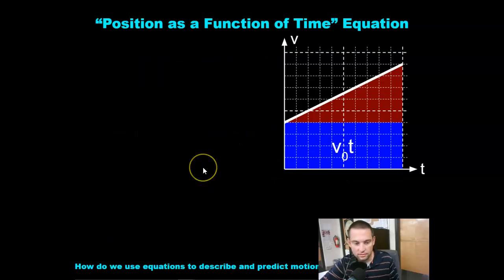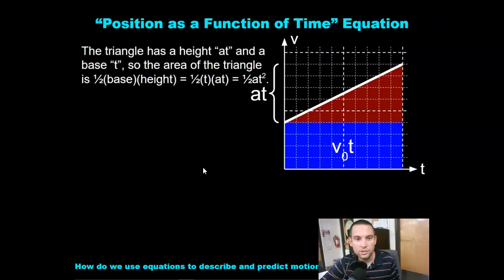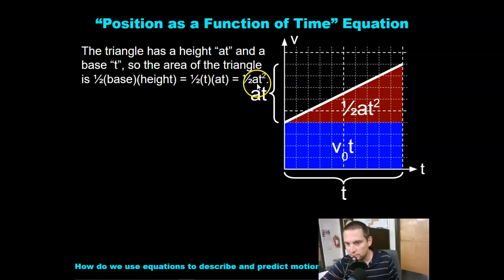Length times width. The triangle has a height at and a base t, so the area of the triangle is 1/2 the base times the height, or length times width divided by 2. 1/2 t times at gives us 1/2 at squared.